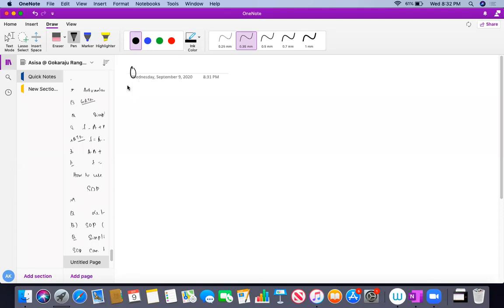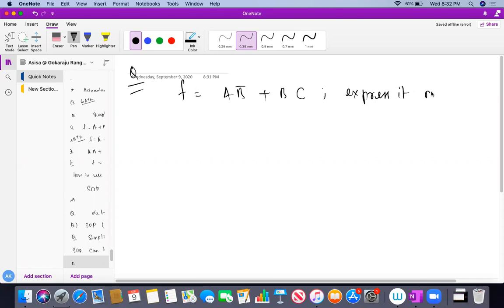This is the last question we'll do. The last question will be, let's say, F = AB bar + BC. Express it in the minimum number of minterms required in canonical form.